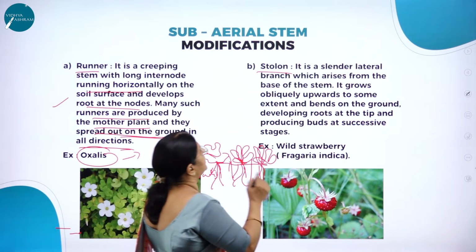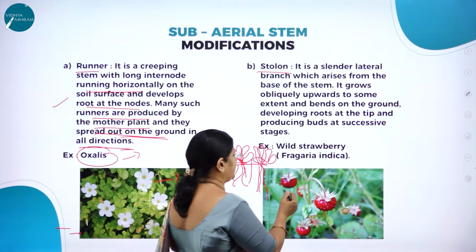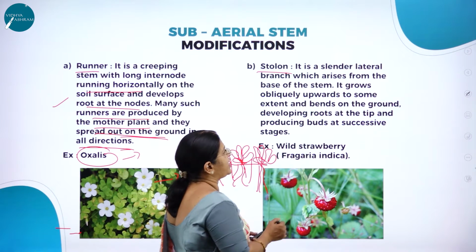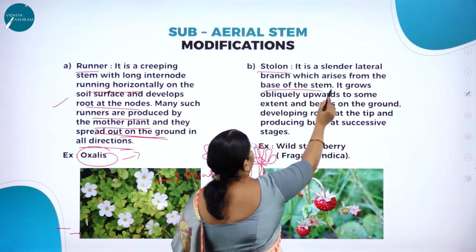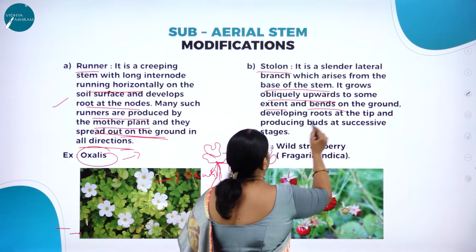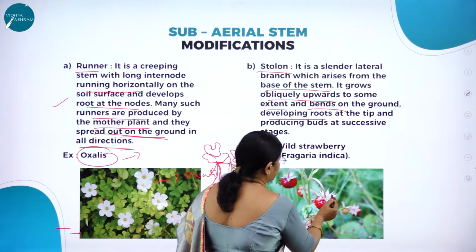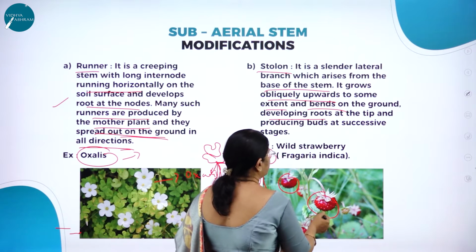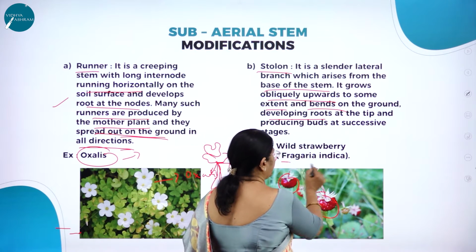Moving on to the next, that is stolon. Here you find that it is a slender lateral branch which arises from the base of the stem. It grows obliquely upwards to some extent and bends on the ground, developing roots. Here you can see the classical example, that is the wild strawberry or Fragaria indica.